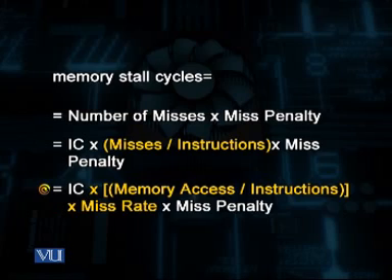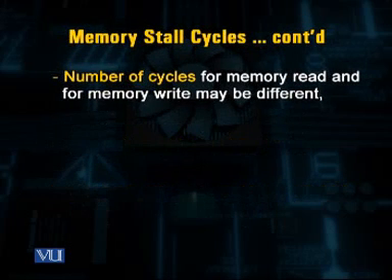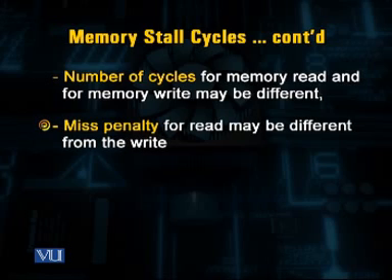Here, note that this expression is an approximation because the number of cycles for the memory read and for the memory write in reality may be different. Moreover, the miss penalty for the read or the write operation may also be different.